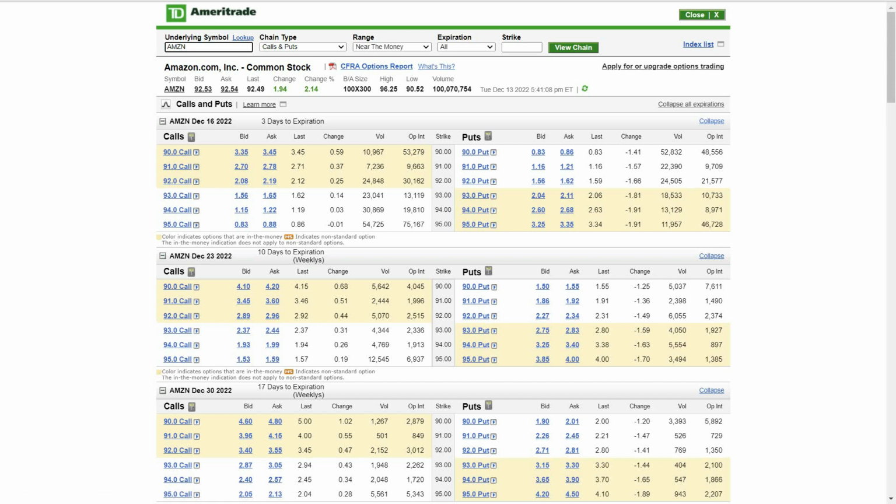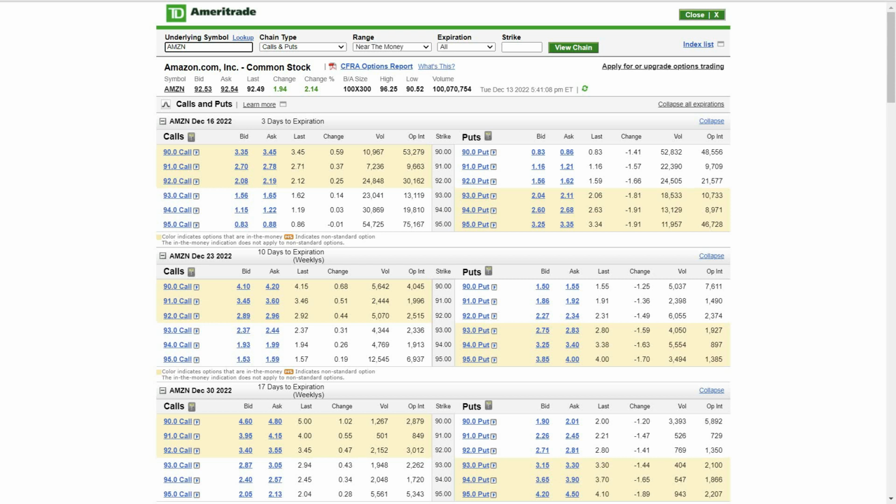Typically, what I like to do is focus on theta decay. Theta decay is one of the primary option Greeks, and basically, as time goes by, an option is worth less because there's less time for it to be exercised. So as time goes on, the option will decay, meaning that it will get less and less valuable. And that's really what we're capturing when we're selling options.